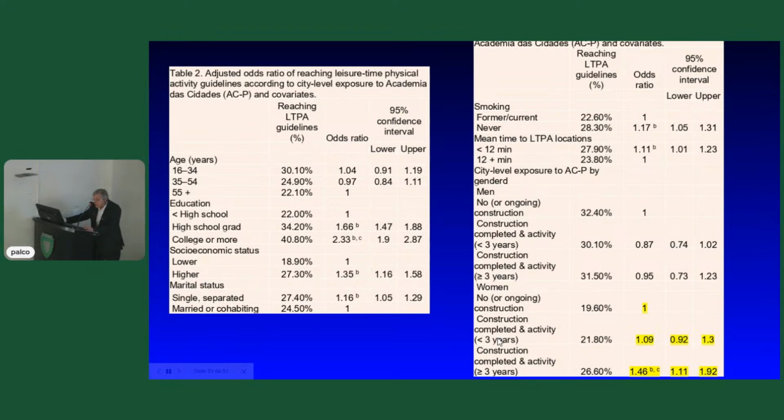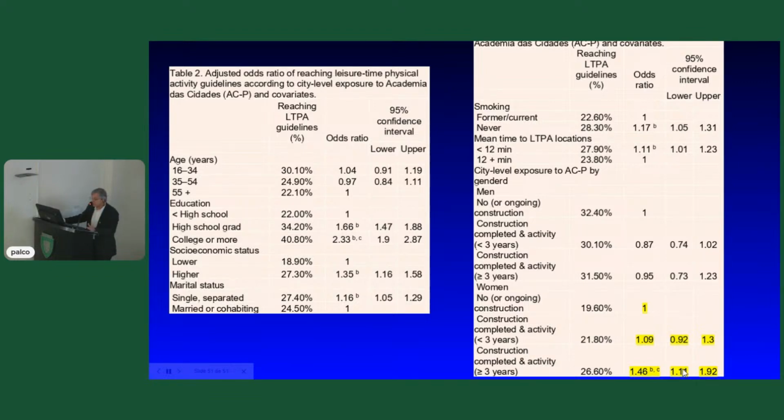The construction completed with activity, but less than 3 years of activity, is 1.09, with a confidence interval including the null hypothesis. But then I have 2 test statistics in addition to that. One shows the effect of 3 or more years of physical activity through the ACP program, construction completed, everything done right.